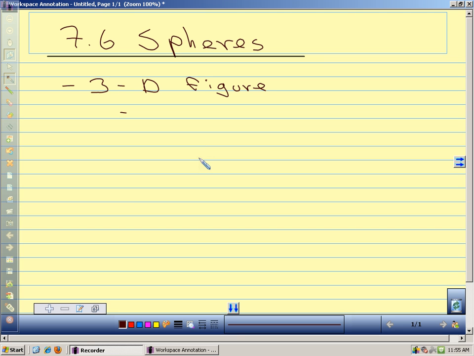It doesn't really have a bunch of sides, yeah? No vertex. No base, really. So we'll put all those things together and we'll just call it a curved surface. So it's a 3D figure that's a curved surface.